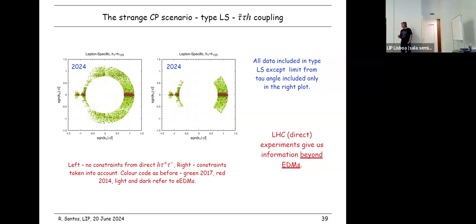So the most constraining EDMs that we have today still allow for points everywhere, while the direct searches have cut these pieces. So this strange scenario, at least for this particular case, disappeared exactly because of the direct searches and not because of the EDMs.